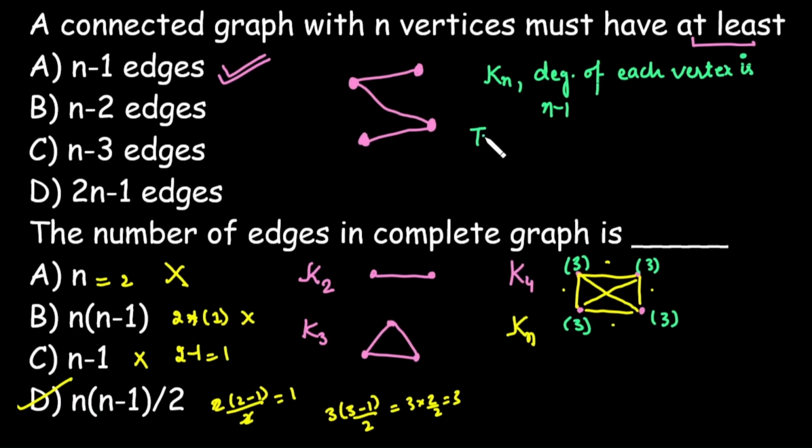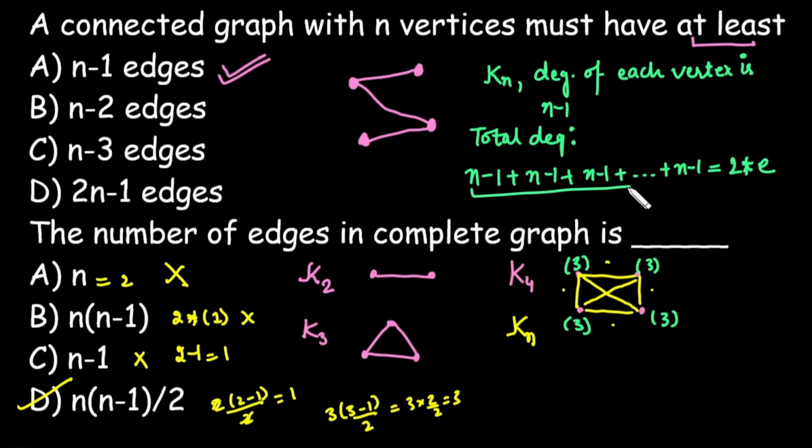So the total degree, that is n minus 1 plus n minus 1 plus n minus 1, and so on, is equal to 2 times the number of edges. Now how many times have we added n minus 1? That is n times. So we can write n into n minus 1 is equal to 2 into e. So directly you will get the value of e from here, that is n into n minus 1 by 2.